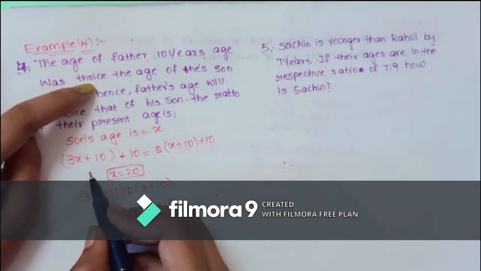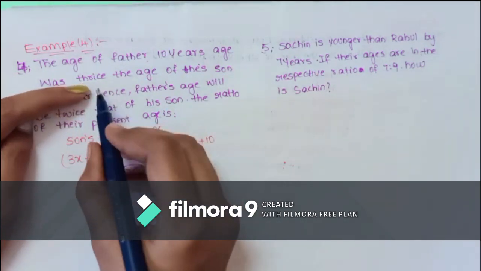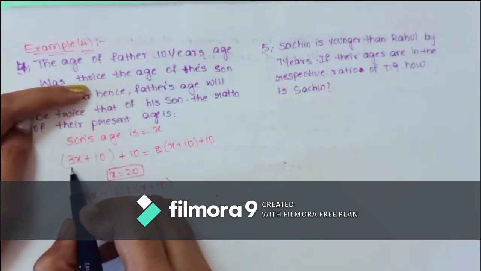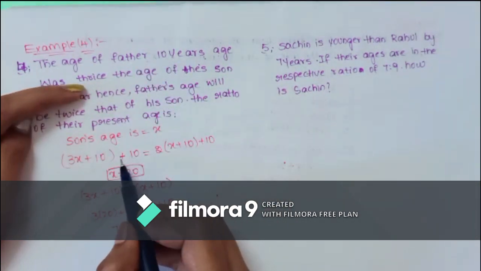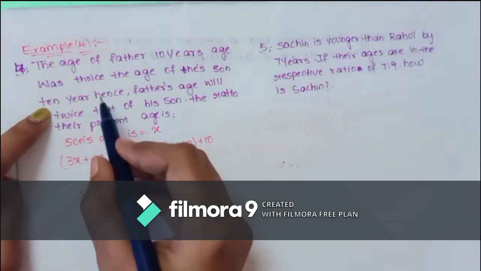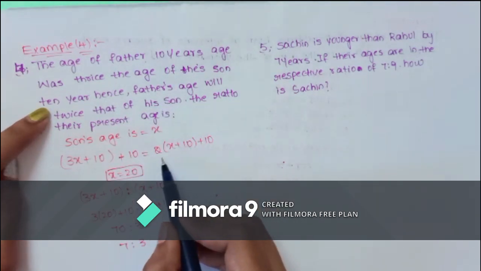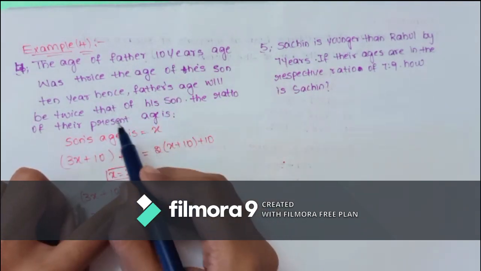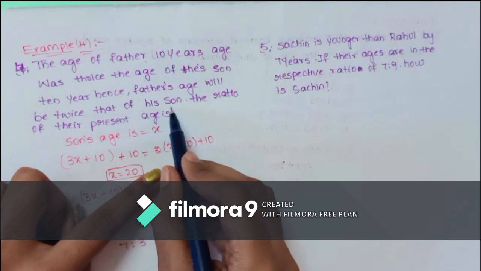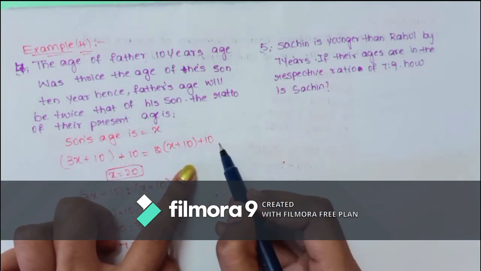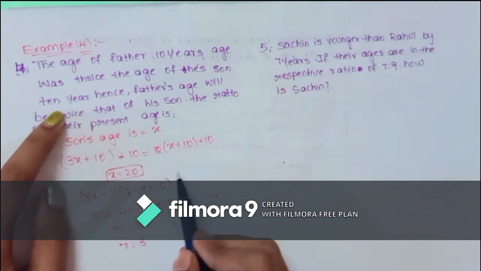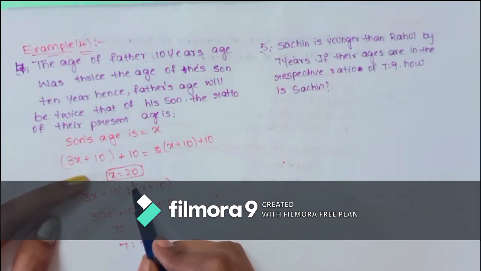Now, 3x plus 10 means thrice the age of his son. 3x plus 10 years plus 10 plus 10 years of his father's age is equals to twice his son. X plus 10 plus 10. If we add, we'll get x is equals to 20.